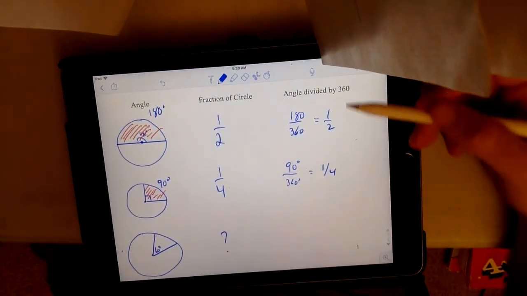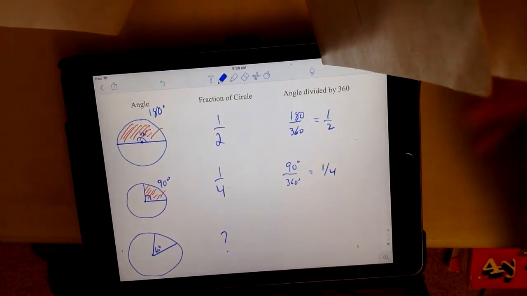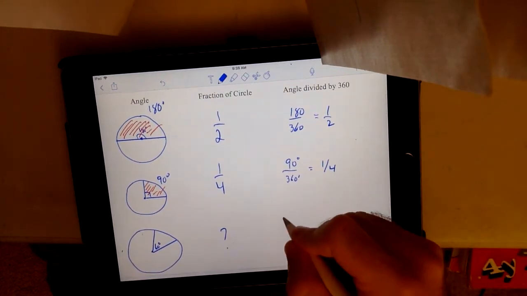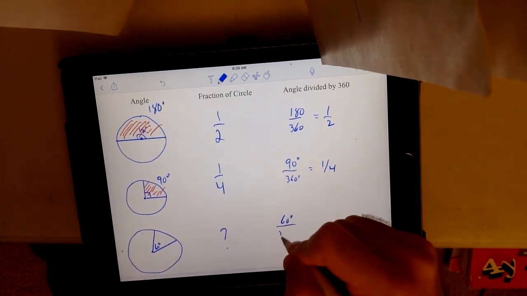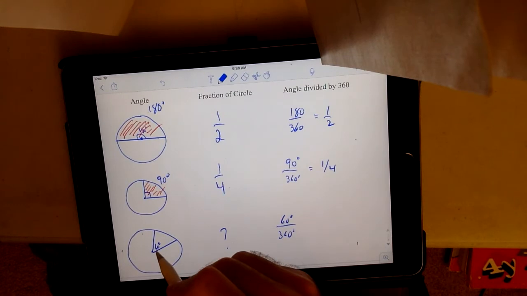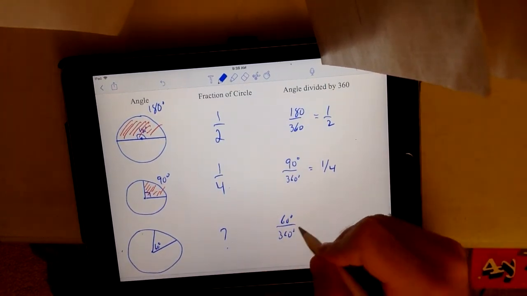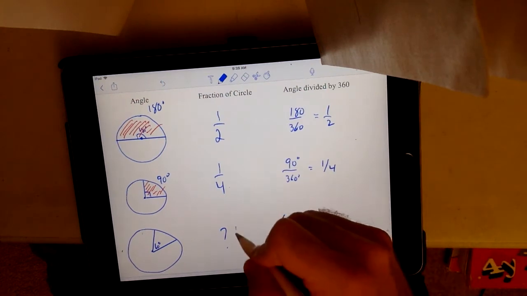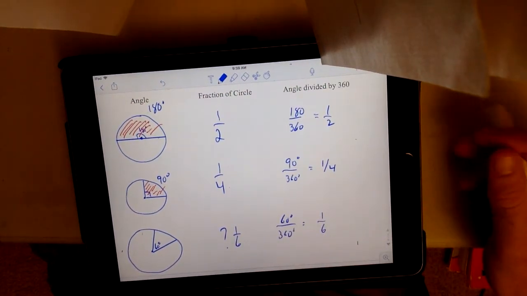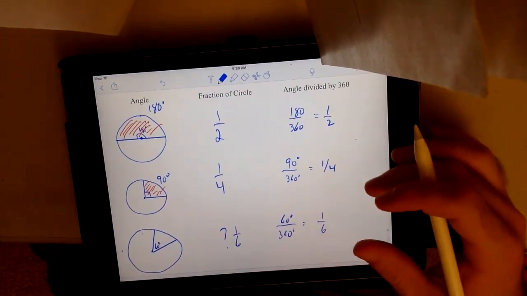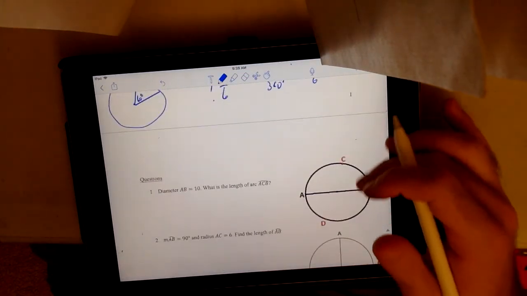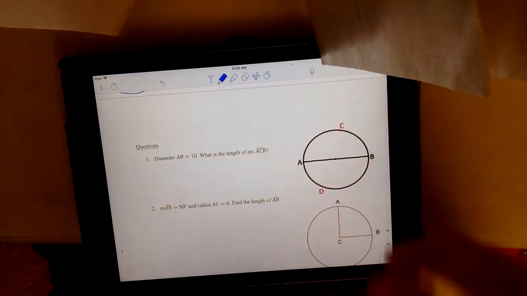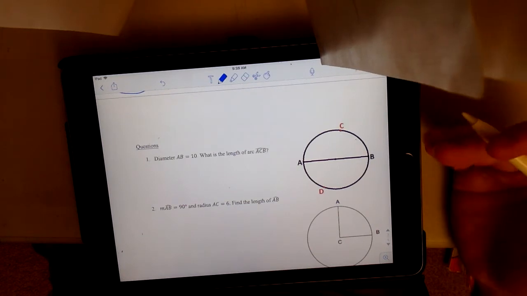But this column seems to give us a way to actually calculate that. It seems to be whatever the angle is over 360, the fraction of the whole circle. And 60 over 360, that's 1/6. So now we know this is 1/6 of the circle. Okay, that's the introduction. Now we're going to actually answer some questions about length and area.